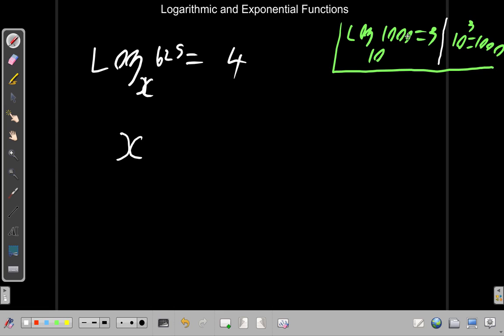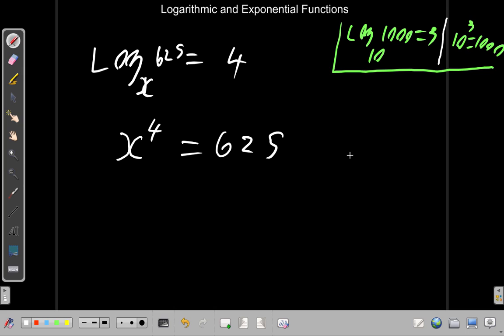In log form, the number you're logging is 1000. In index form, it's the answer. In log form, the number you're logging is 625. In index form, it is the answer. In log form, the answer is 3. In index form, it's the index. In log form, the answer is 4. In index form, it is the index.